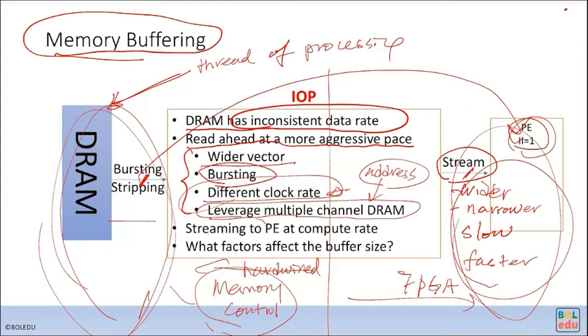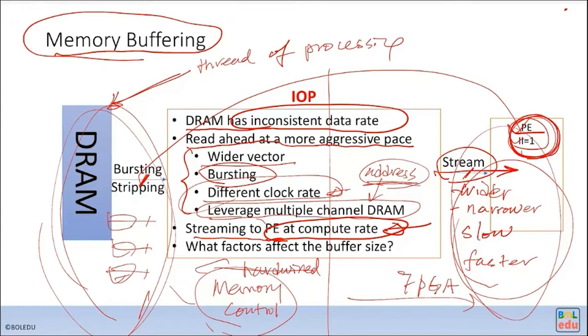For example, you can have multiple channels of DRAM and use the address interleaving scheme so that you can increase the data throughput. Yeah, aggregating all the memory channel throughput together. And when you stream to the PE side, you actually stream to the PE at the compute rate. Yeah. So the pop of the data is at the PE rate.